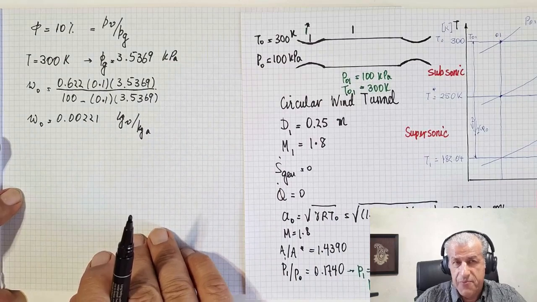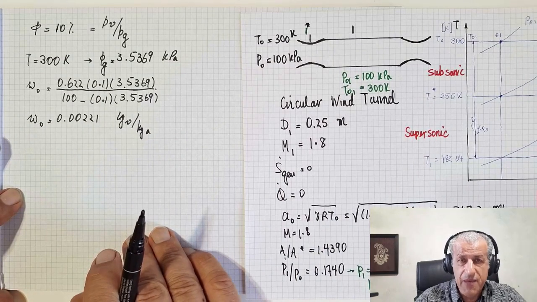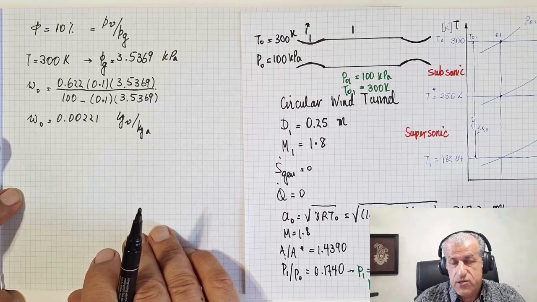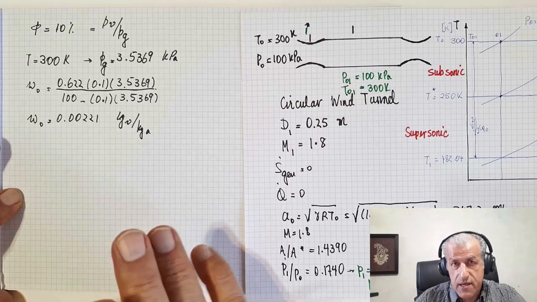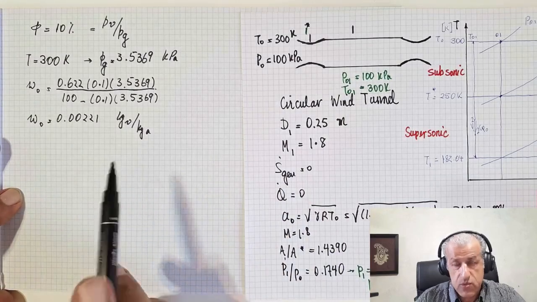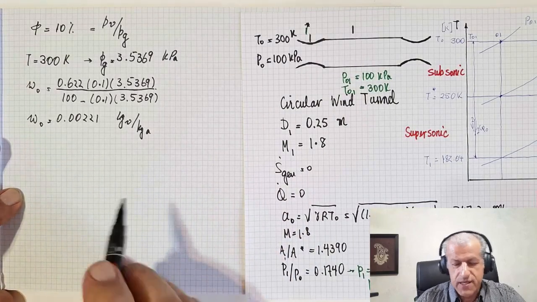The minimum temperature that I found in the tables, just to read the saturation conditions, was 200 kelvins, and what we have at station 1 is 182. But let's see what happens for 200 kelvins.